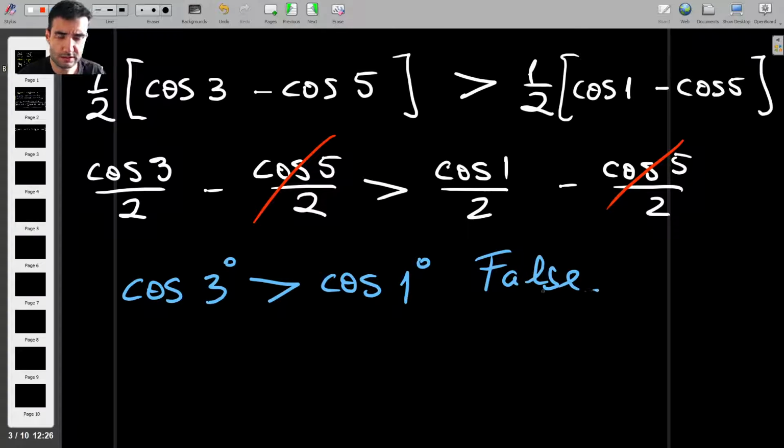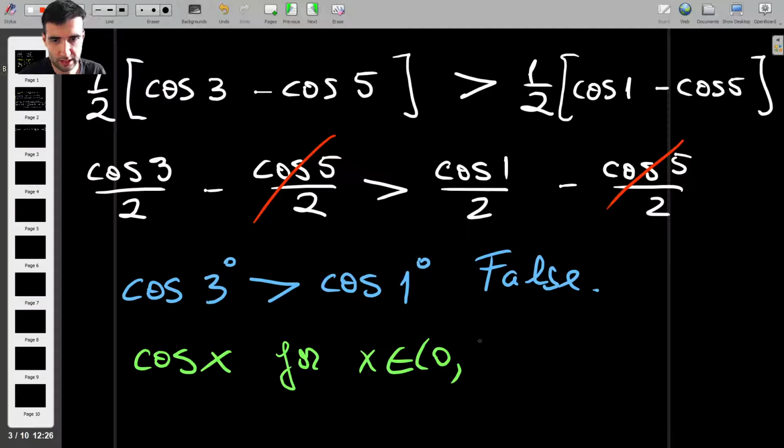And why is this false? Well, because cosine of x for x between 0 and pi over 2, or if we're using degrees, let's actually use 90 degrees, is decreasing.